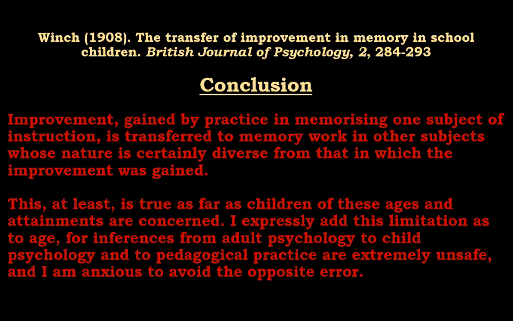And he's saying this shouldn't be done. But I don't want to do the opposite. I don't want to use a study with children to make generalizations to the adult population. So he's very nicely indicating that whatever conclusion he's drawing here applies only to children of the ages that were studied in this particular study.